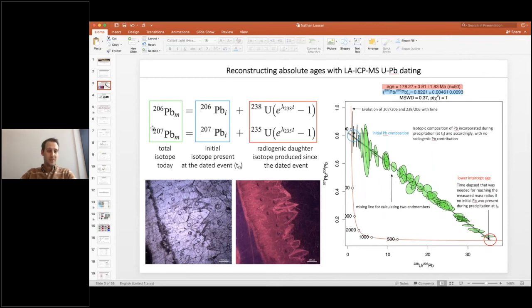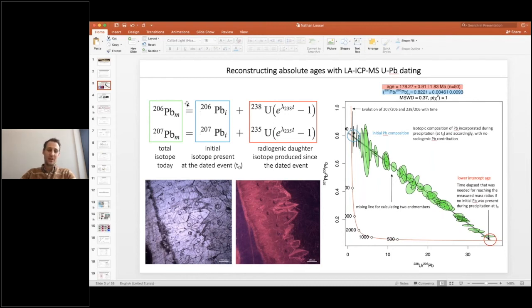Now this lead composition is actually composed of two separate pools. The first one is the initial isotope that is present at the dated event. We call that the initial lead or the common lead. And the other pool is the radiogenic daughter isotope that is produced since the dated event.